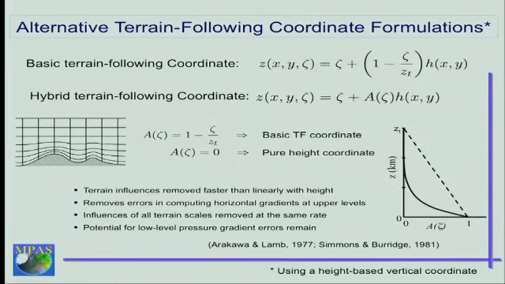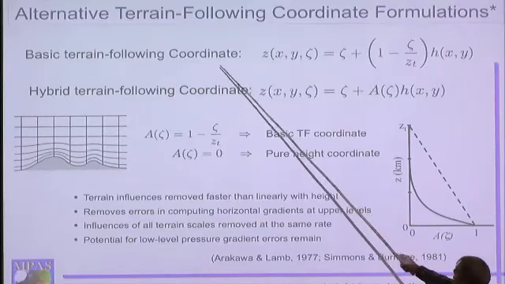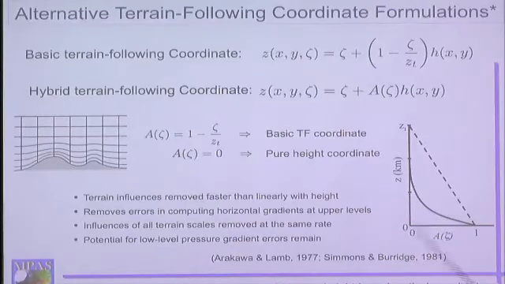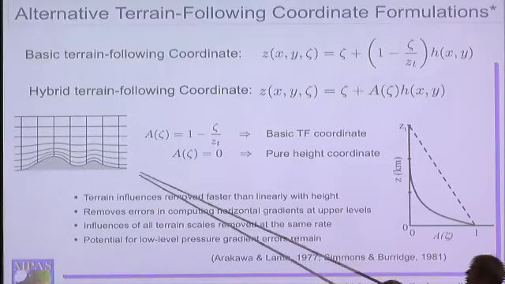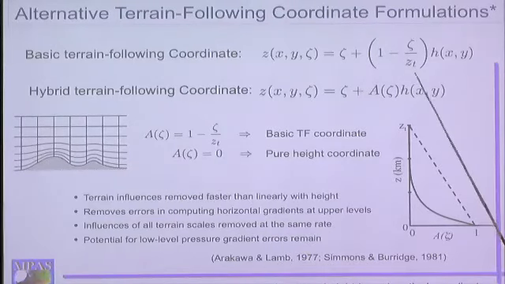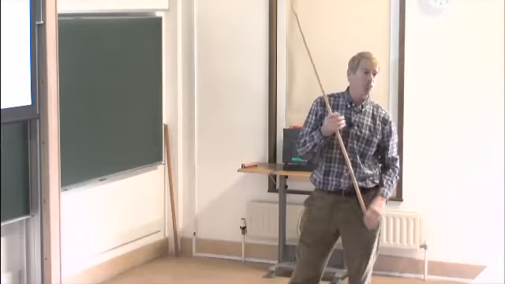On the top line here is what I call the basic terrain following coordinate, where the height of coordinate surfaces zeta is defined such that it follows the terrain height h exactly at zeta equals 0 at the surface, and then the influence of that terrain drops off linearly with height until it just disappears totally at the very top of the model.